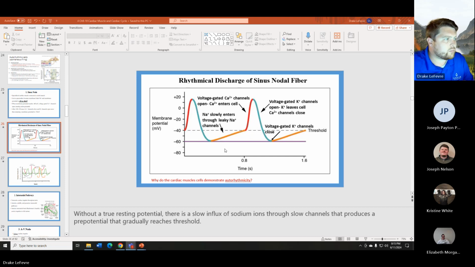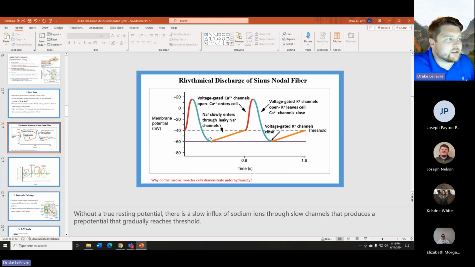Remember way back in week 1 when I talked about leaky channels and funny channels? They come into play here in the heart. These slow, leaky sodium channels give the heart its autorhythmic capabilities. Without these funny channels, the heart wouldn't be autorhythmic.